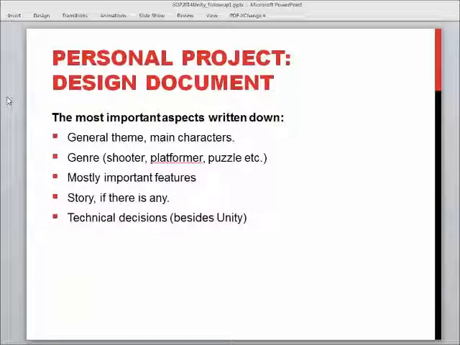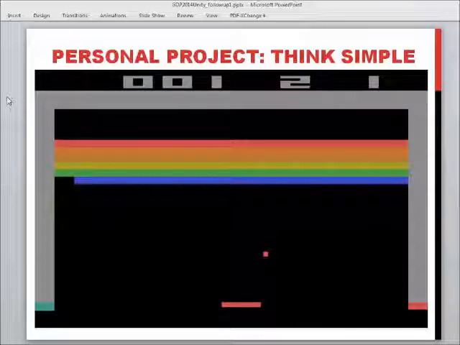The game documentation, which I require or review, includes some general aspects like theme, characters, genre, features, story, and technical decisions. So it's not rocket science, unless your game is about rocket science, but anyway, some basic aspects.